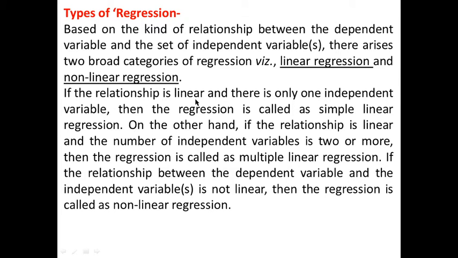If the relationship is linear and there is only one independent variable, then the regression is called simple linear regression. On the other hand, if the relationship is linear and the number of independent variables is two or more, then the regression is called multiple linear regression.